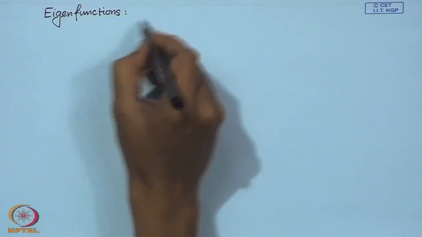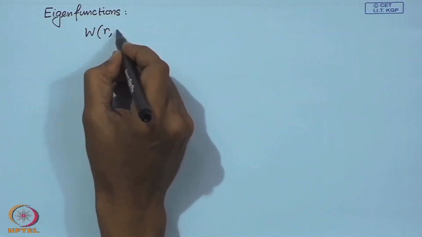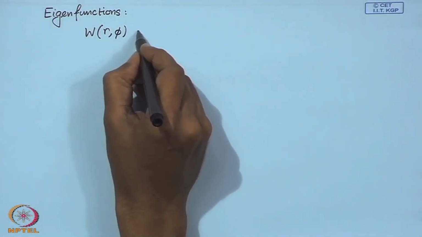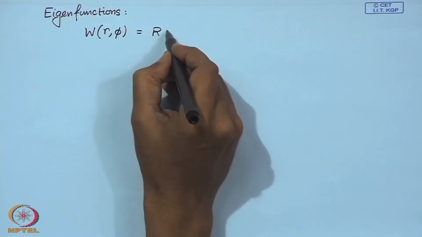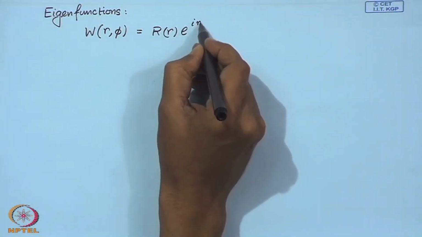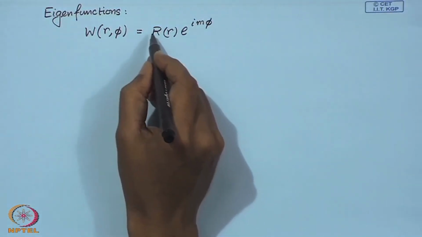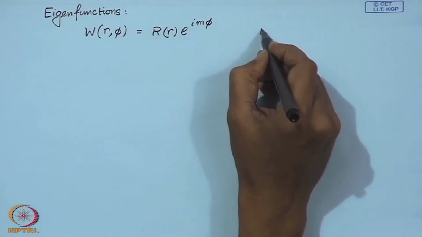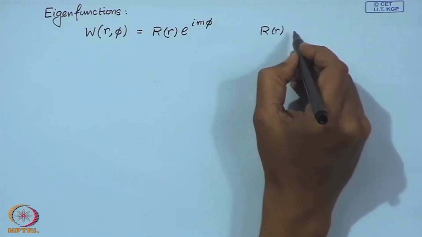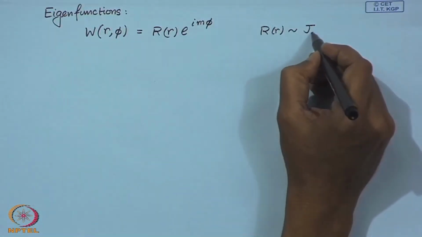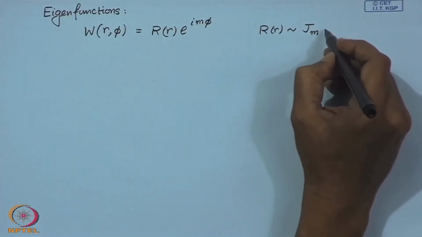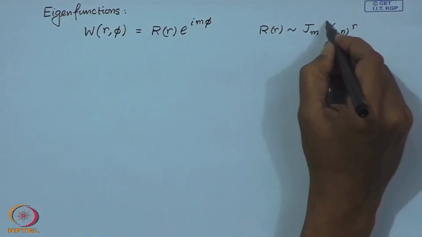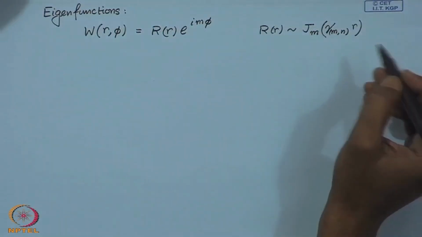Now, the solution that we have is, as you know, that this R is proportional to this function.